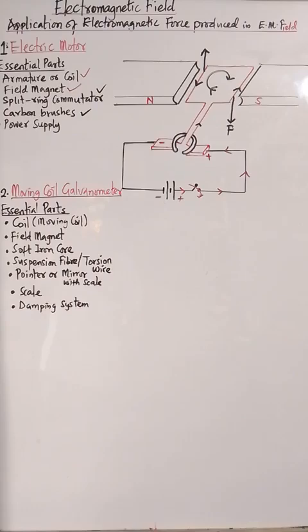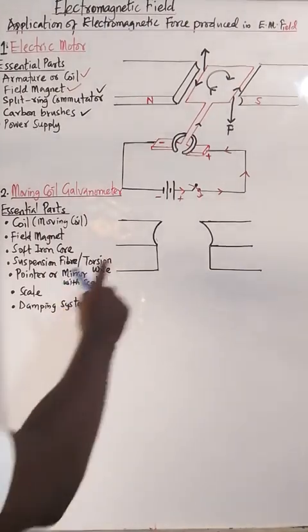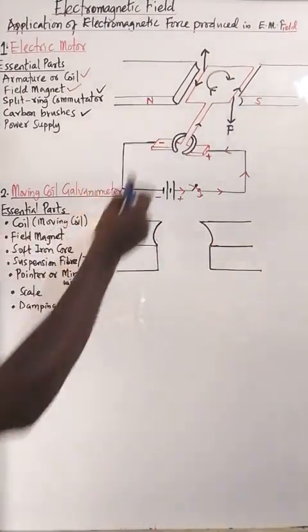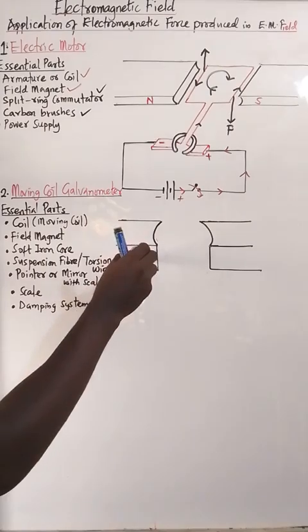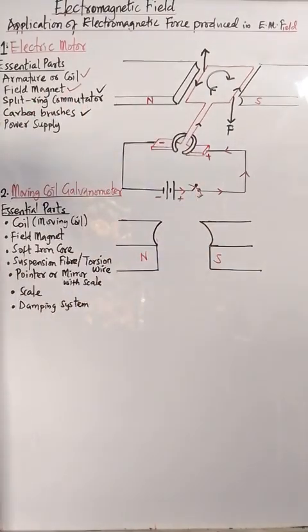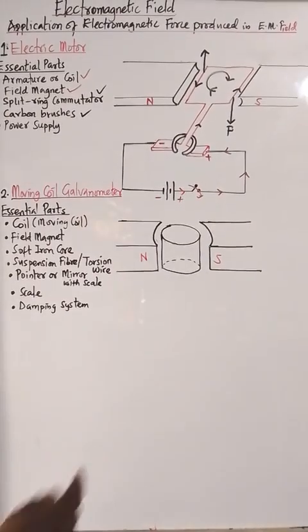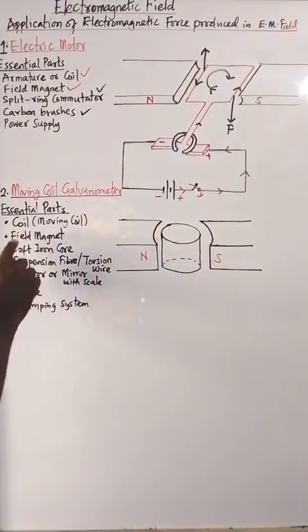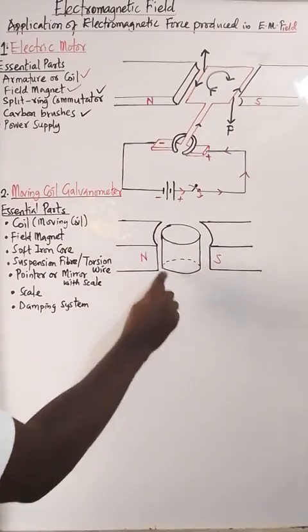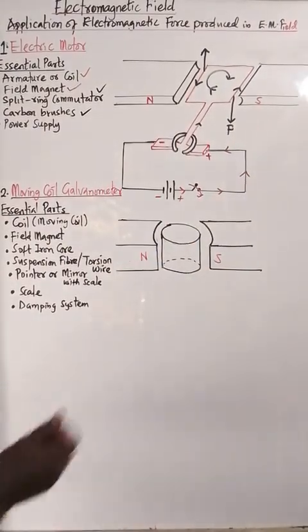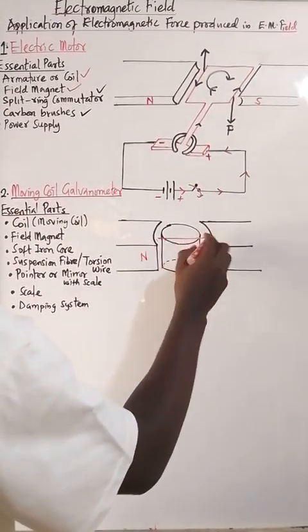Let's now draw it for you to see how it actually works. As you can see, this magnet is a bit thicker and longer than this. So this can be north and south, similar to what we have there. Let us place the soft iron core in between. Then around this soft iron core, we can now have the coil. If you have a single coil, you have something like this.